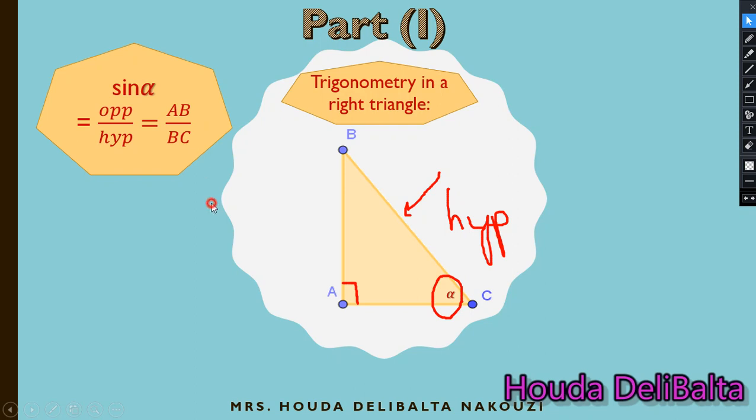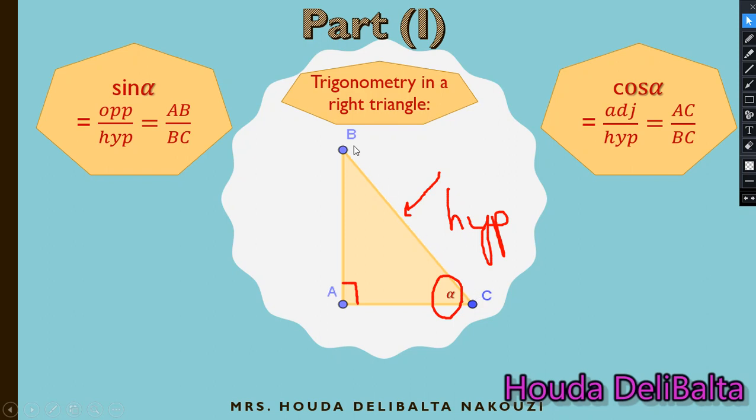Okay? Now, what about cosine alpha? Also, there is a rule for cosine of the angle alpha. Cosine of the angle alpha is equal to the measurement of the adjacent side to alpha. Look at this side. This is the adjacent side to alpha over the hypotenuse again.